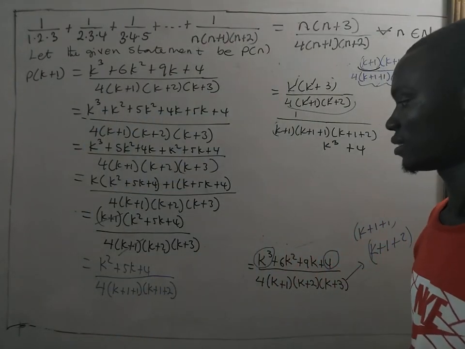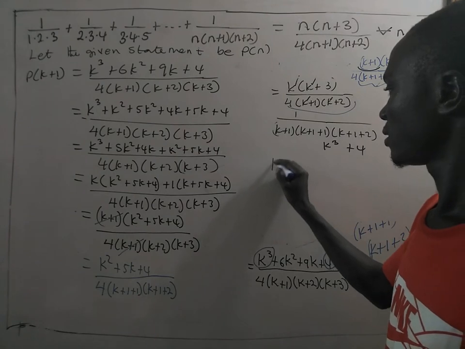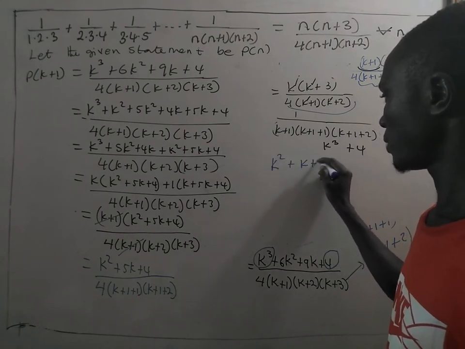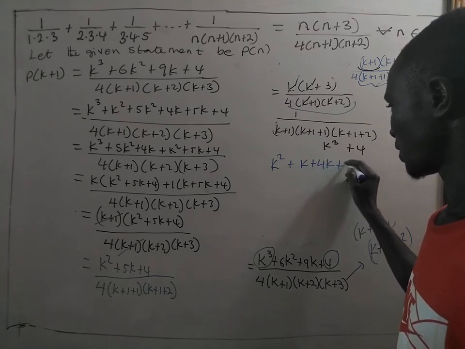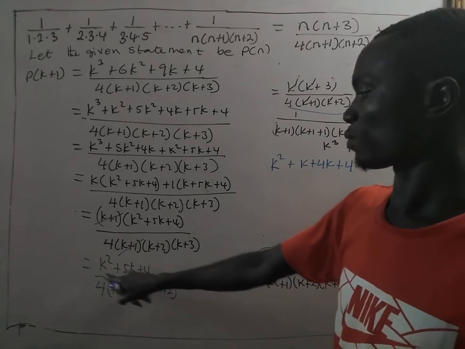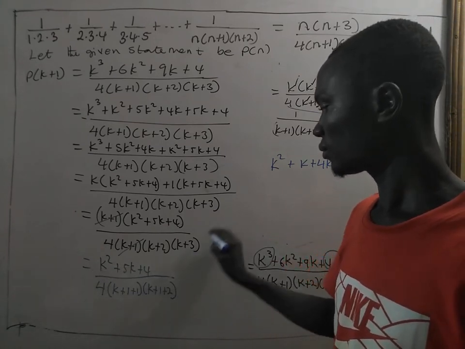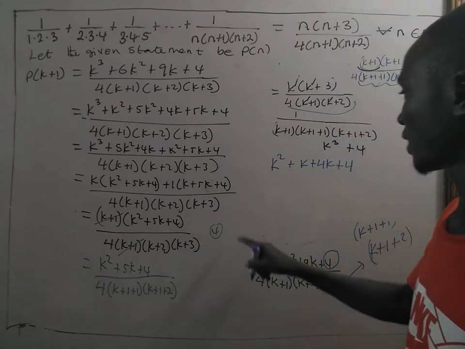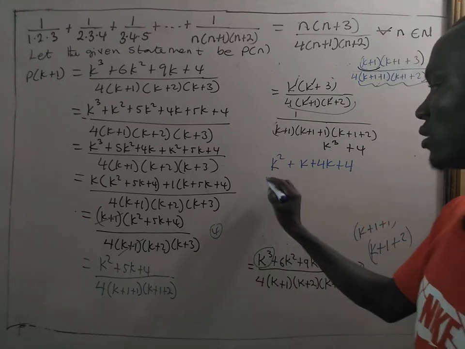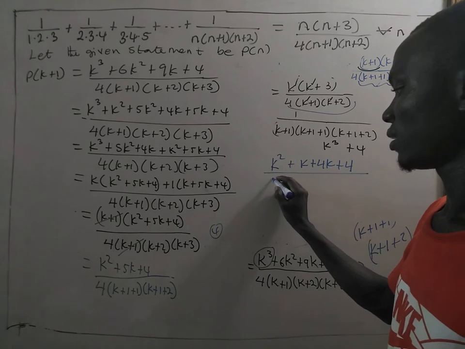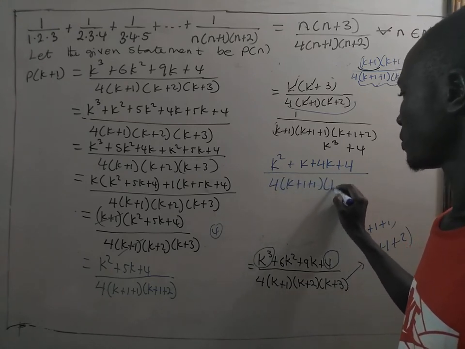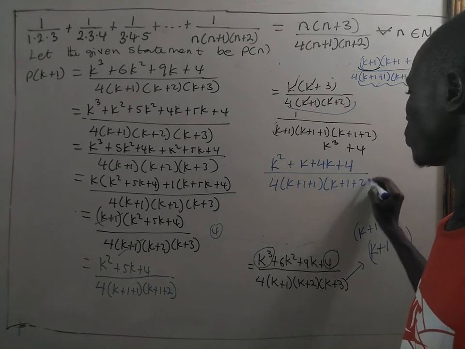Let's factorize. This gives us k squared plus k plus 4k plus 4. That is, multiply 4 by 1, you get 4. And the factors of 4 that will sum up to 5 are 1 and 4. So we have all this over 4 times k plus 1 times k plus 1 plus 2.